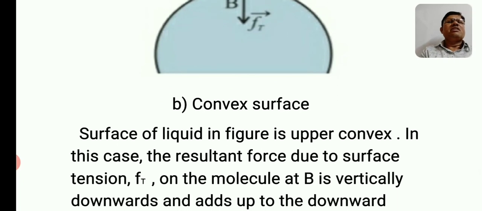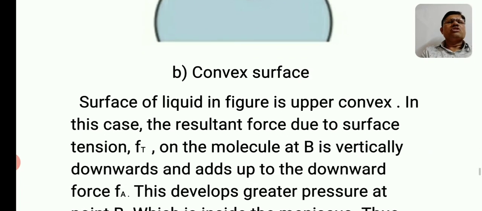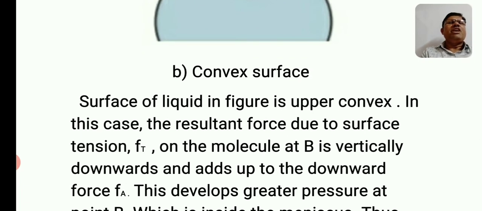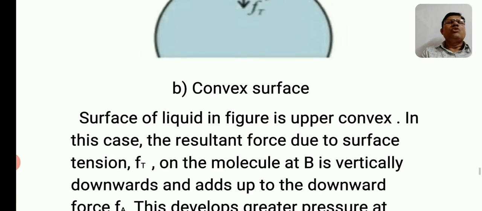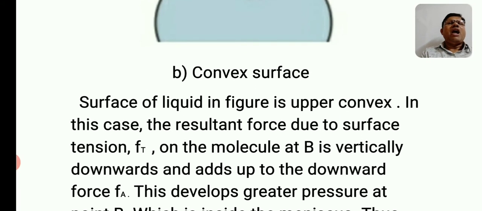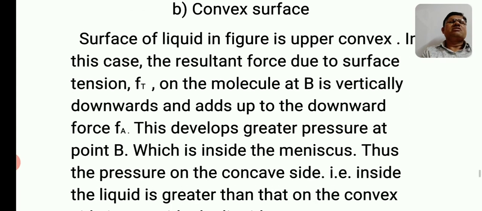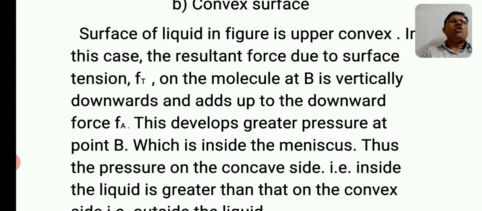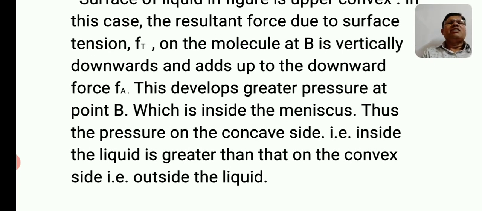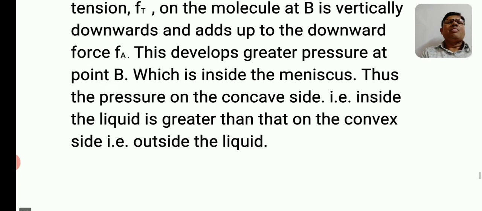In this case, the resultant force due to surface tension Ft on molecule B is vertically downward and adds up to the downward force Fa. This develops greater pressure at point B, which is inside the meniscus. Hence, the pressure on the concave side, that is inside the liquid, is greater than that on the convex side, that is outside the liquid.